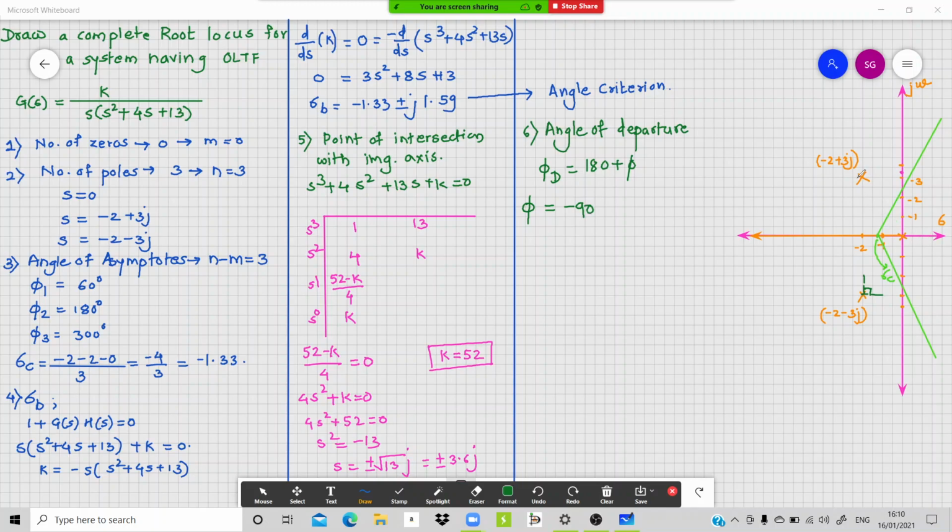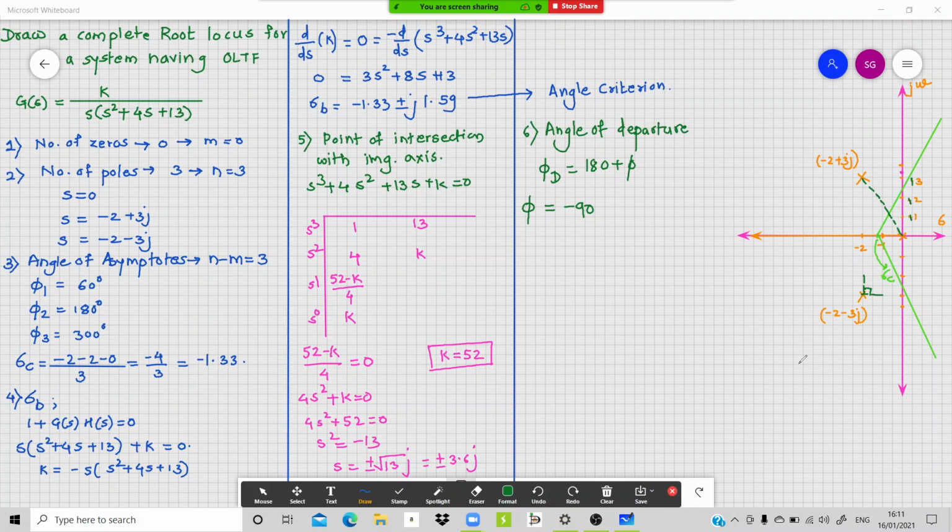And for this one it will be this, correct? So it is going to be tan inverse of minus 2 plus 3. How am I writing minus? It's plus. Okay, so tan inverse of minus 2 plus 3.